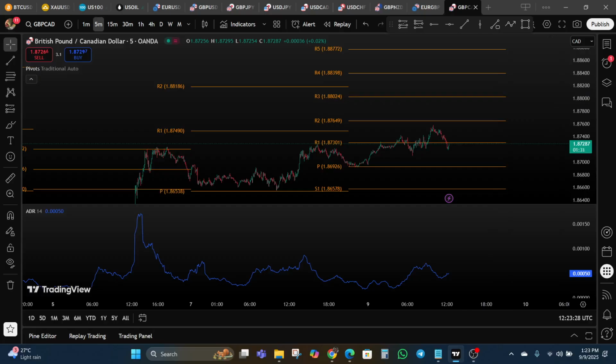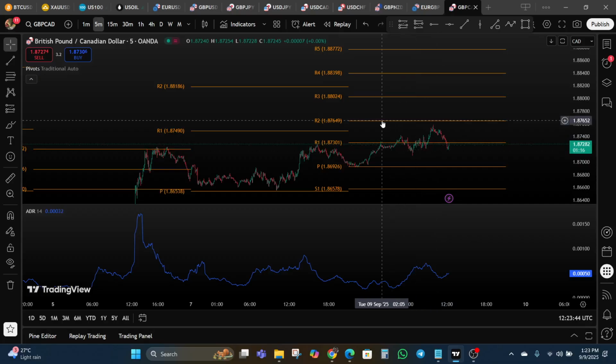By combining your ADR levels with pivot points, you are identifying areas where breakouts are most likely to happen.